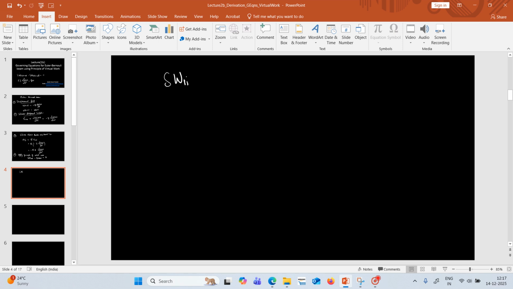First we write the internal work done, which equals the integral of delta epsilon xx transpose sigma xx. There are no other strains and stresses, so only this appears, with a volume integral dV, which we integrate over x, y, z.